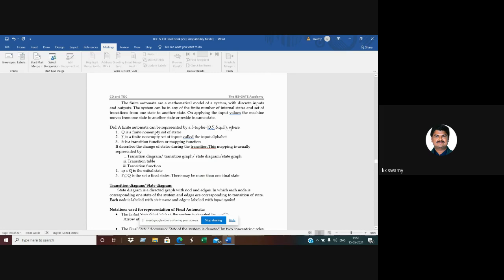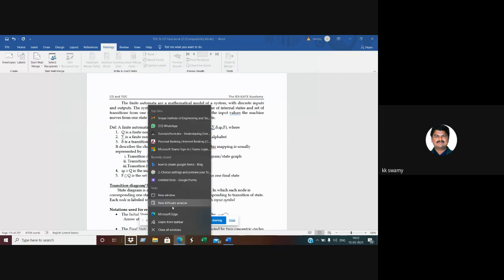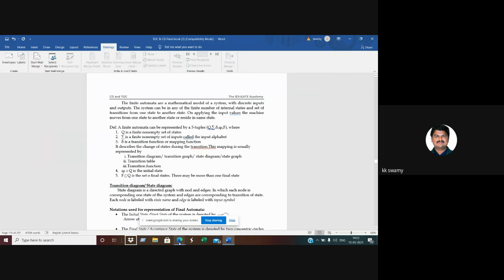That means for every machine we have exactly one initial state. How many initial states are there? Exactly one. And how many final states will be there? That depends upon your situation, depends upon the language. We can use more than one state as a final state.